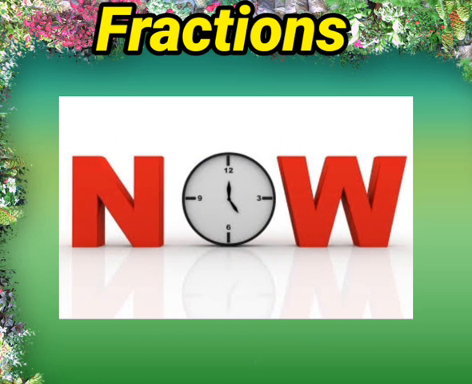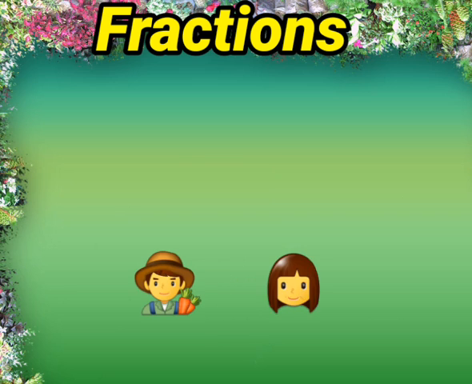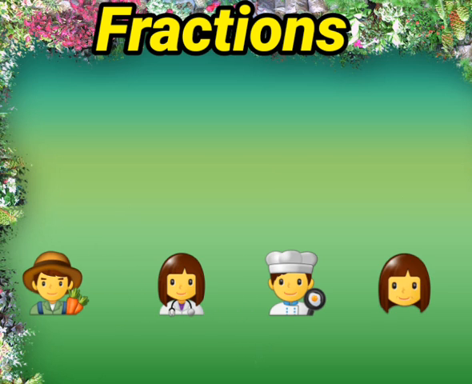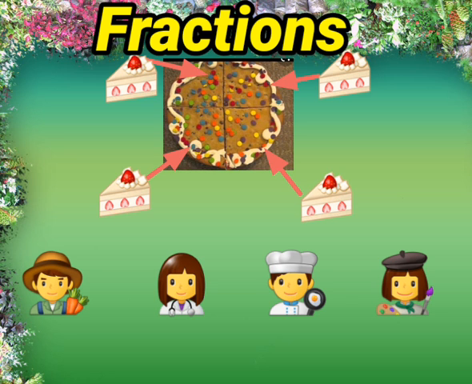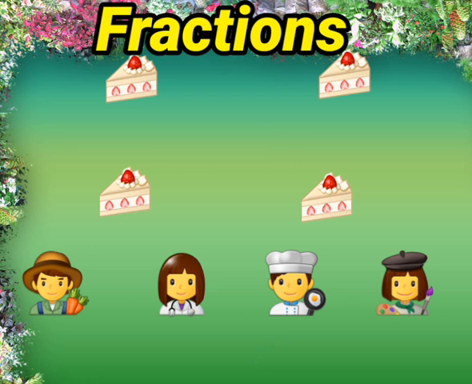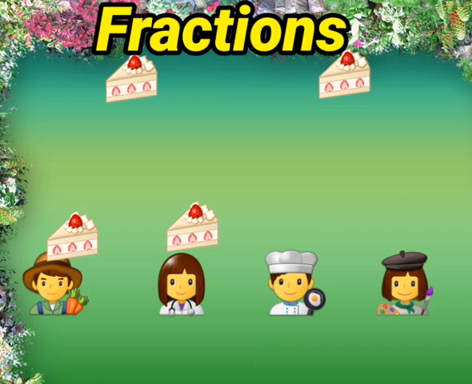Now listen carefully. Raju, Sania, Mani and Nila shared a cake equally. So the cake is divided into four equal parts. Each of them gets one part. That is, this piece is Raju's share. This piece is Sania's share. This is Mani's share.